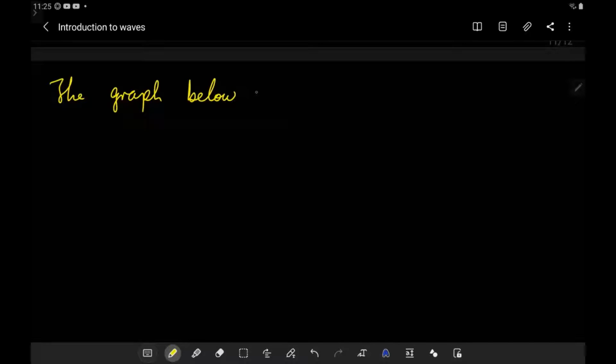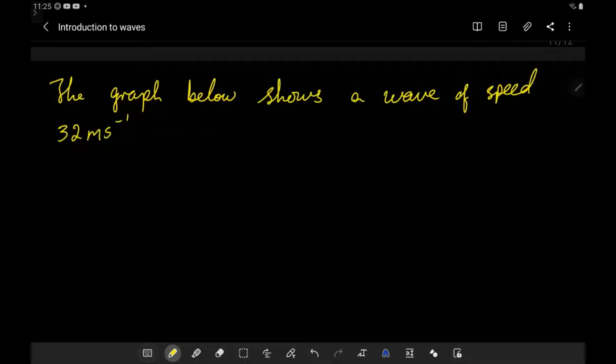So suppose I said that the graph below shows a wave of speed 32 meters per second, at an instant in time.